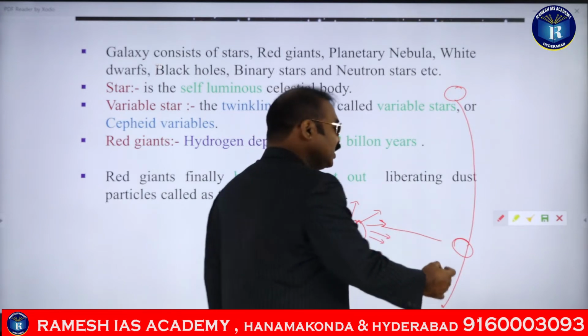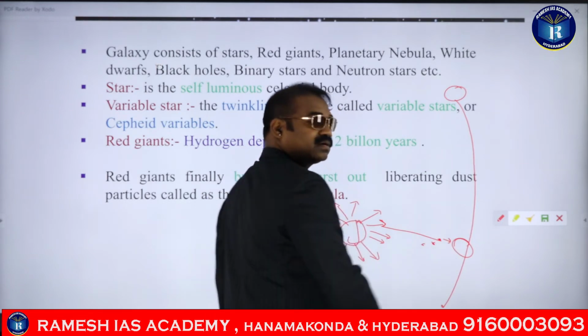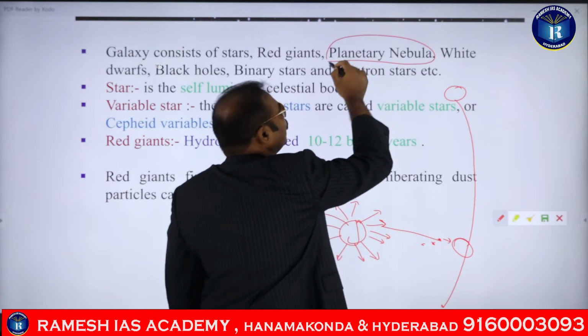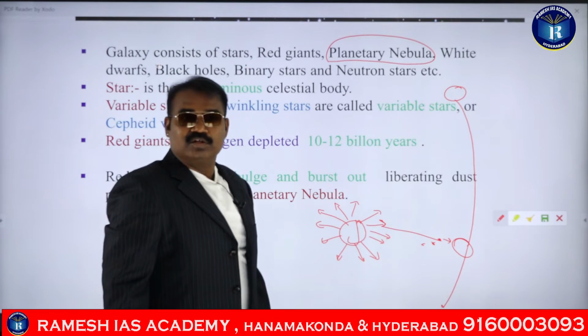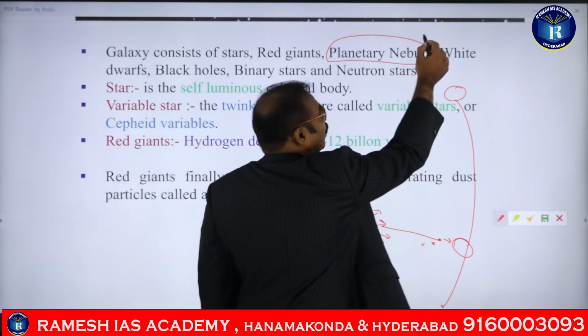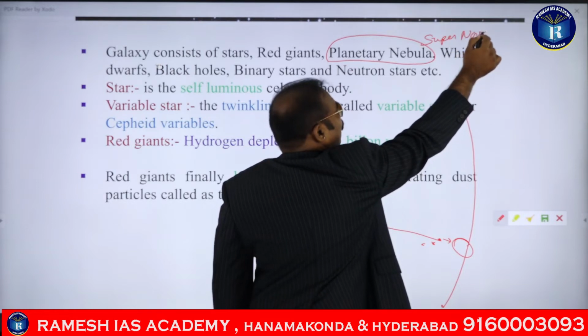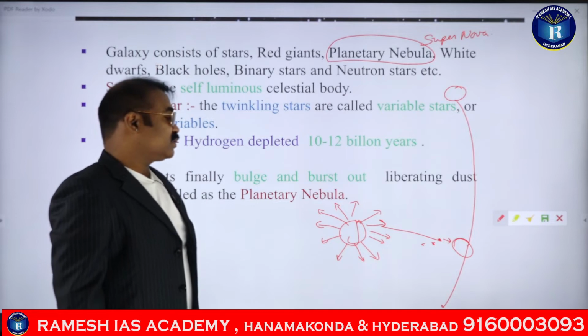And in the near future, they may become the planets of this star. Hence we are calling it the planetary nebula. The planetary nebula is also called the supernova guys.